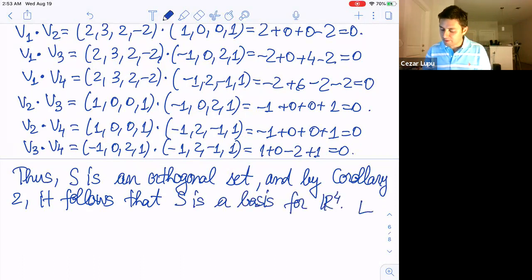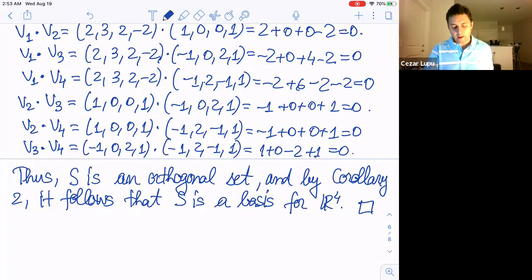Wow, that's another way to show that a set of vectors is a basis for a vector space. That's very nice. Okay, we're getting closer to the Gram-Schmidt orthonormalization procedure, and you will see this will be the best part of this.